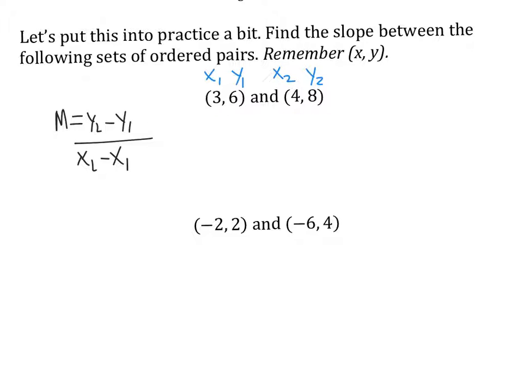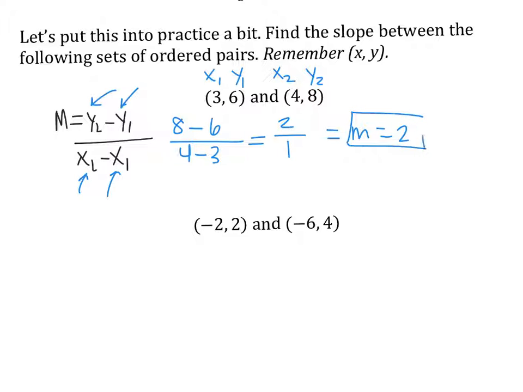So if I follow the formula, y2 is 8. I'm just going to plug the numbers into this formula. So 8 minus 6, because y2 minus y1, over x2 minus x1, so 4 minus 3. And 8 minus 6 is 2, 4 minus 3 is 1. So here, m equals 2.